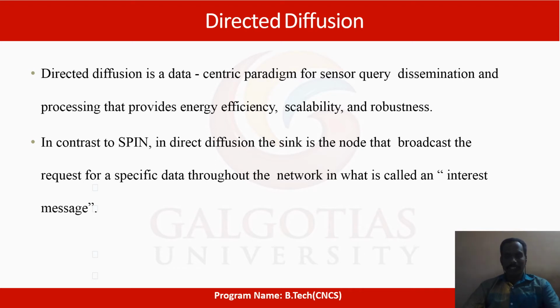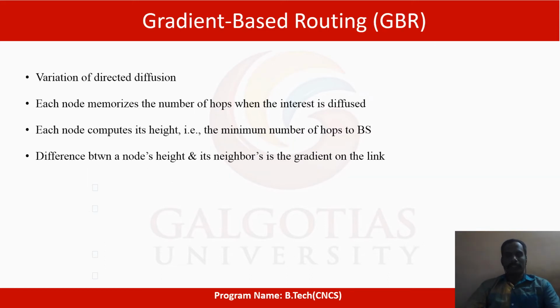In directed diffusion, the sink is the node that broadcasts the request for specific data throughout the network, which is called an interest message. The reply link will point towards the neighbor node from which the interest was received.